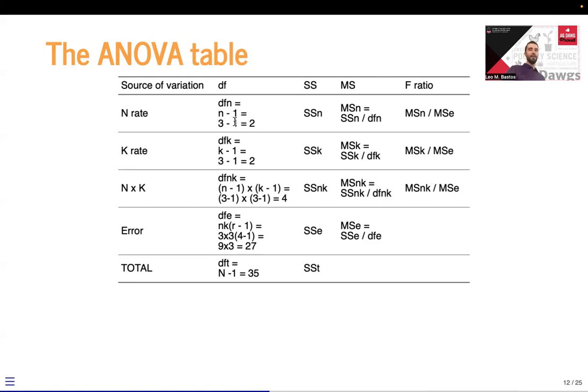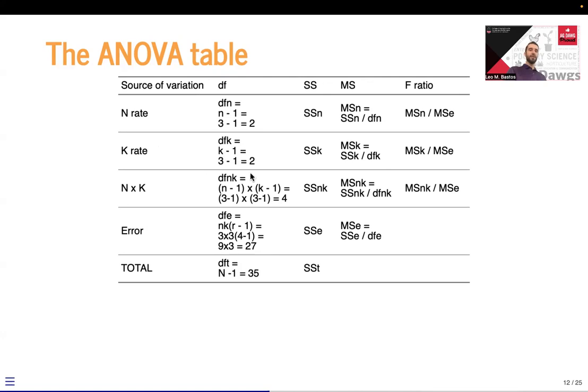So for nitrogen, we have 3 levels minus 1, so we have 2 degrees of freedom for this effect. The same thing for potassium. So main effects is just number of levels minus 1. This is something that you normally don't have to calculate yourself. You're going to get this as an output of the analysis. But again, you should know how it's being calculated so you can cross-check and make sure it is correct.